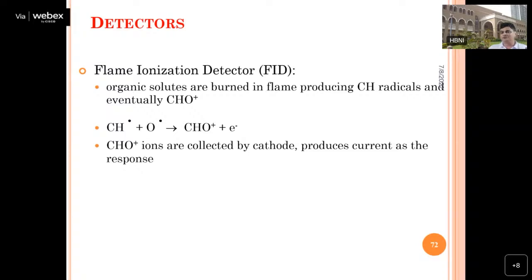So for various concentrations we get various amounts of formal ions, and accordingly various quantities of current are generated.